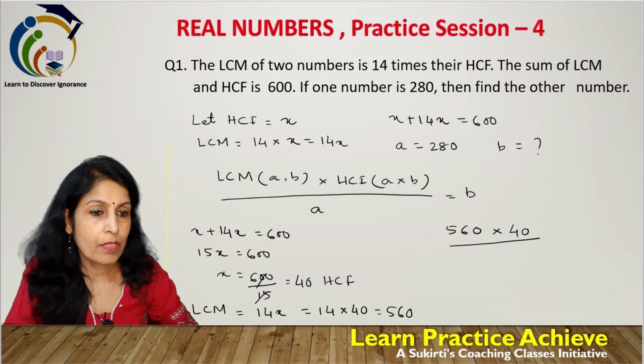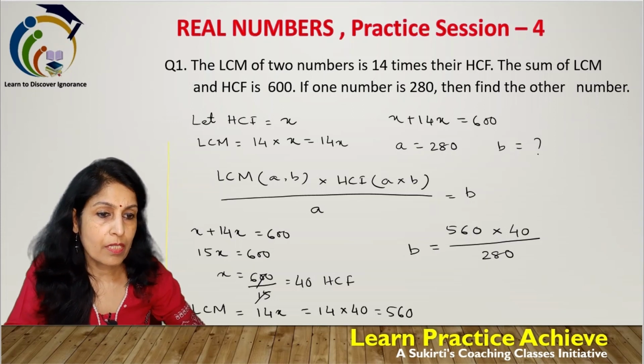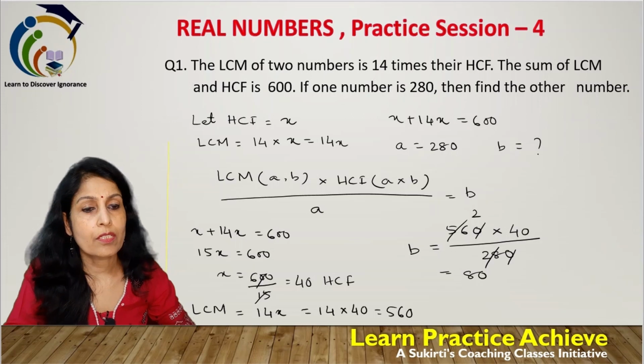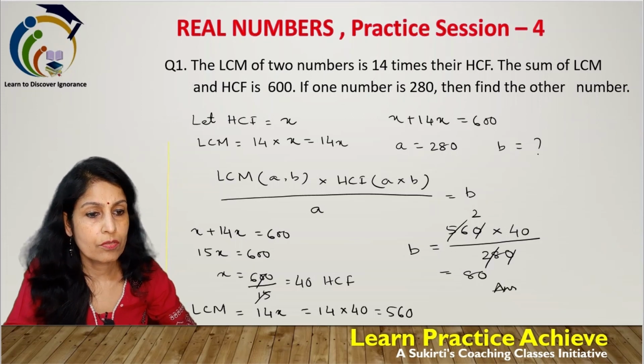One of the numbers given, A, is equal to 280. This is equal to the other number B. Now cancel the numbers: 0 and 0 cancel, 28 2s are 56. So B is equal to 40 into 2, that is 80, and that is your answer.